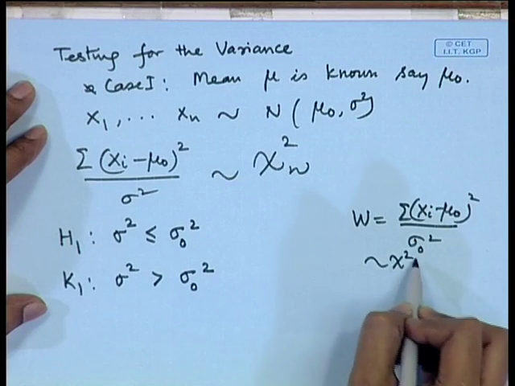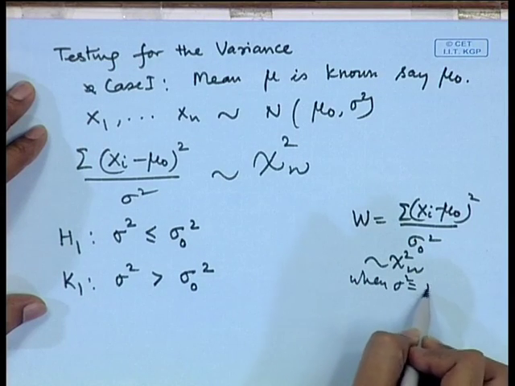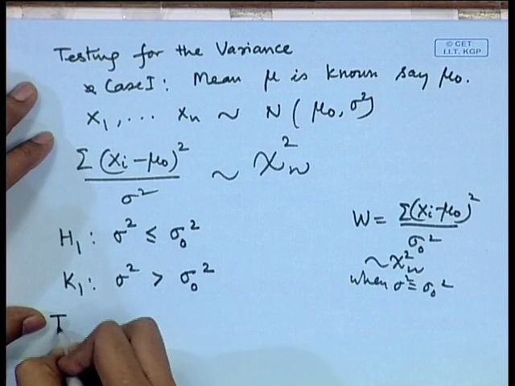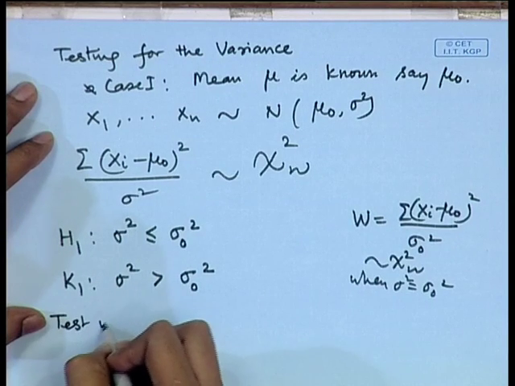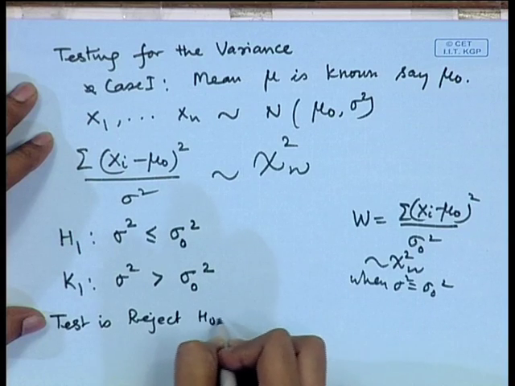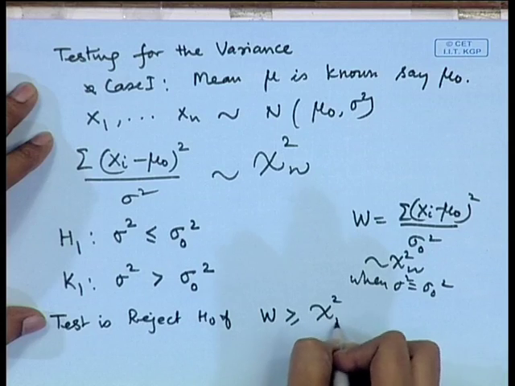So, this will follow chi square distribution on n degrees of freedom when sigma square is equal to sigma naught square. So, we may use the test as reject H naught if W is greater than or equal to chi square n alpha.